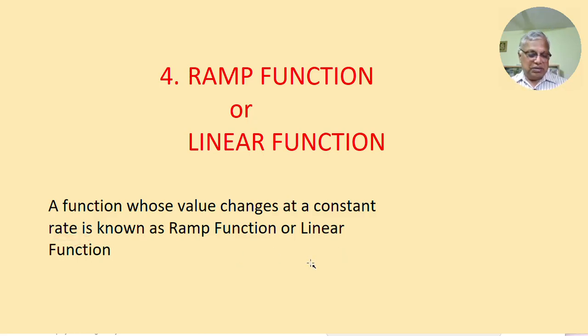Quite often some variables, previously like we have seen step function or pulse function or impulse functions, they are all sudden or quick changes. Whereas this linear function represents when the variables undergo a gradual change. The variables undergo a gradual change slowly with respect to time, but at the same time, the variation is at a constant rate with respect to time.